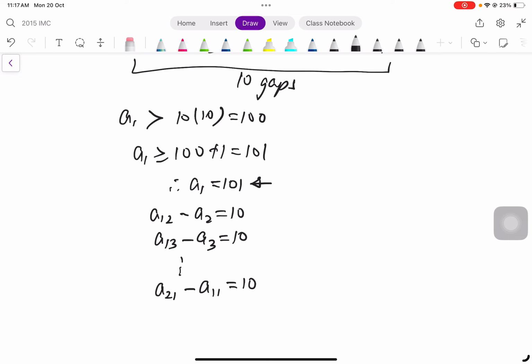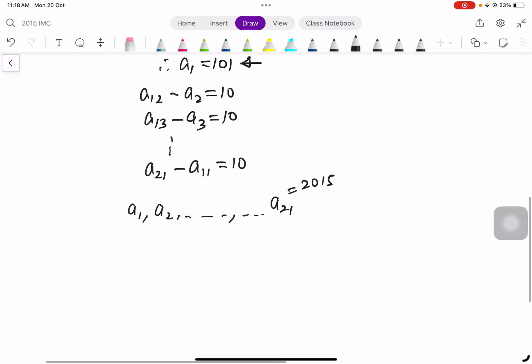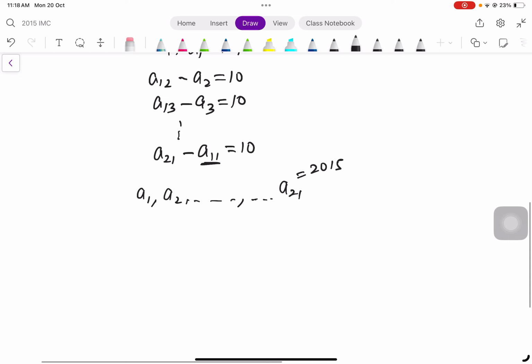Now you look at the sequence. This is A1, followed by A2, and you go all the way until you get A21, which is 2015. And what is A11?